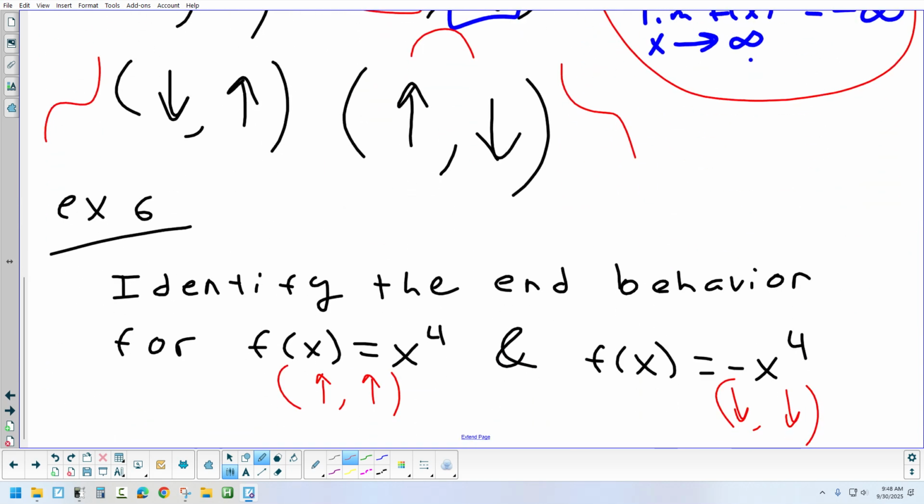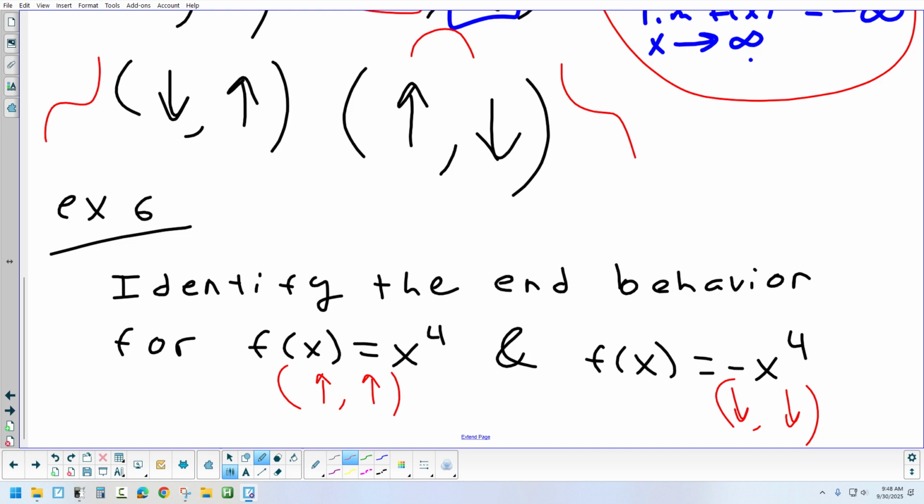So what do you think affects whether it's going to open down, down, up, up, or up, down? What do you think you could look at in the problem that's going to tell you that? Well, Annalise, what do you think?